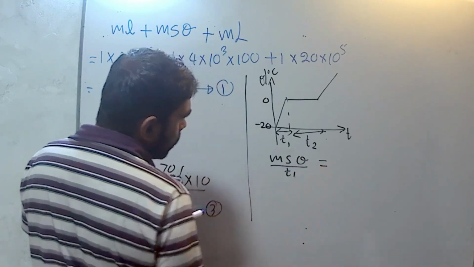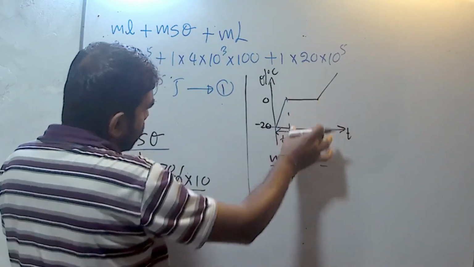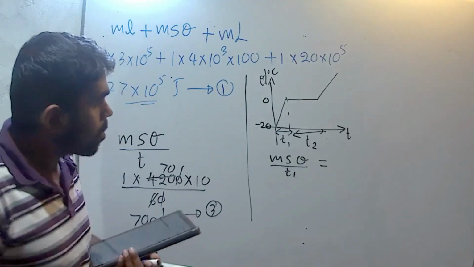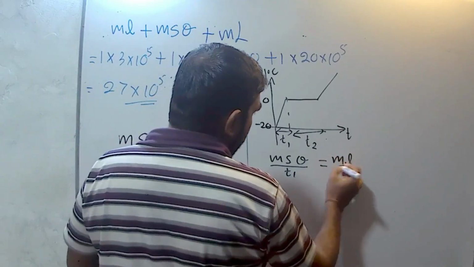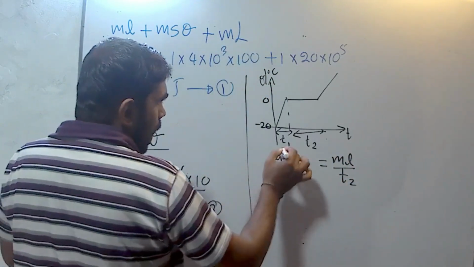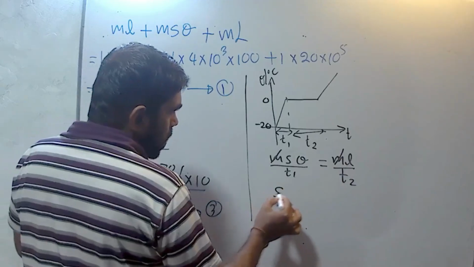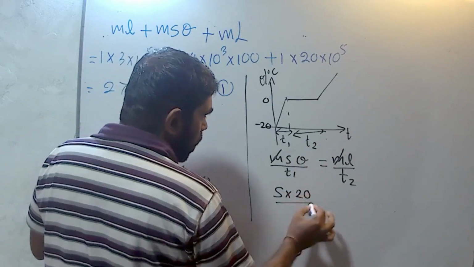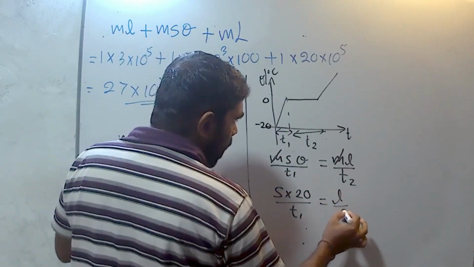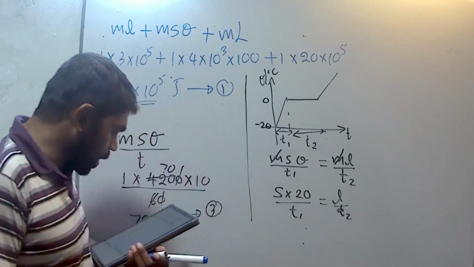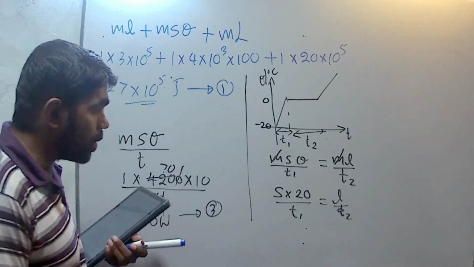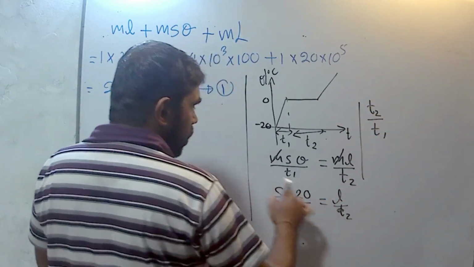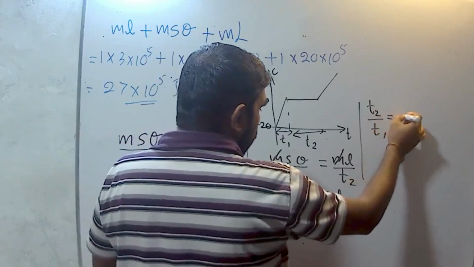It should be equal to heat used for melting. Then it is ml type, ml divided by T2. We can cancel out m and m. S into temperature increase of ice minus 20 to 0, it is 20, divided by T1 equals L divided by T2. We have to get the ratio T1 over T2. Then I will make T2 over T1 the subject.